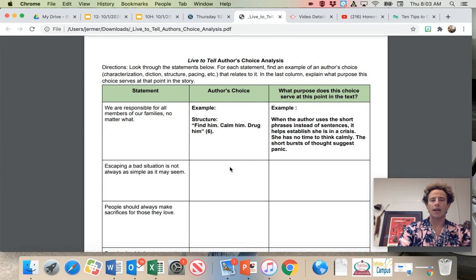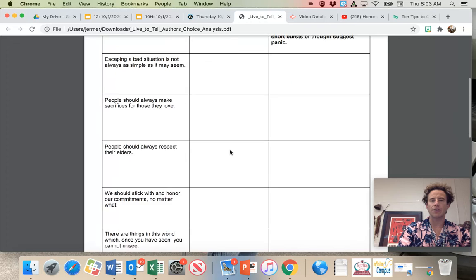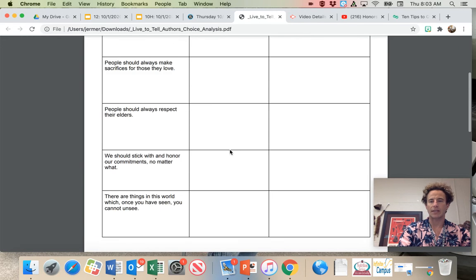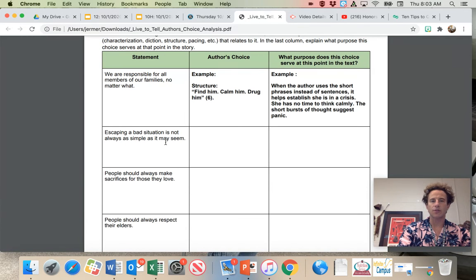And you're going to be doing that and finding statements for the other 7 statements we looked at yesterday. So find moments in the story where you can find the author, either dialogue from the characters or the author's narration that relates to escaping a bad situation is not always as easy as it may seem. Well, you're going to find text because although her son might be suffering from psychotic breakdowns or whatever we may assume is happening to him to cause him to be so violently upset, it's not necessarily a pleasant situation.